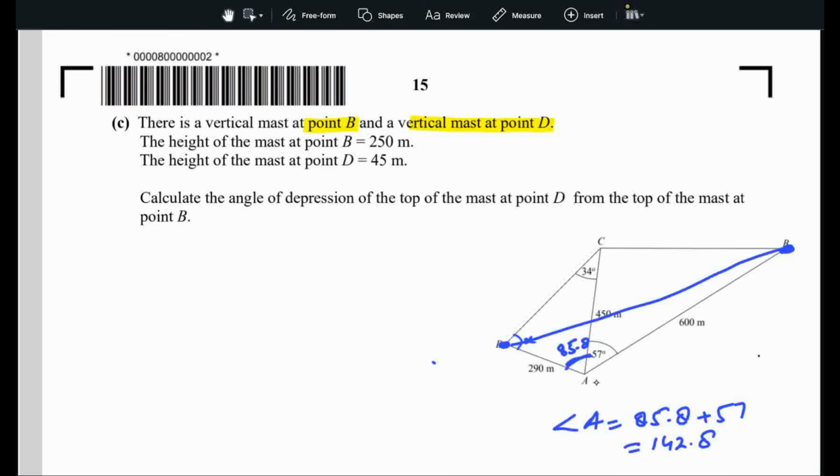Now there is a vertical side here and a vertical side here. At point B, this height is 250 meters.